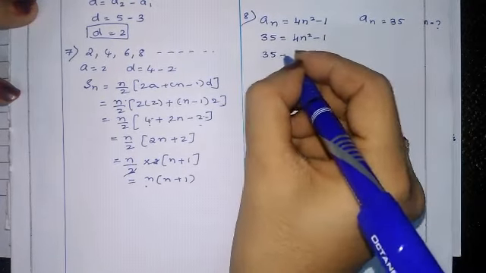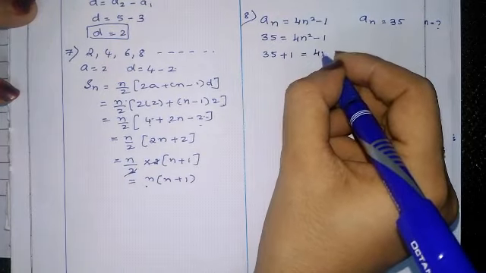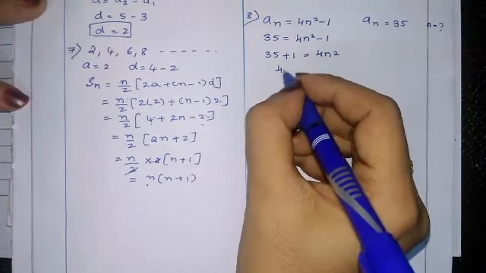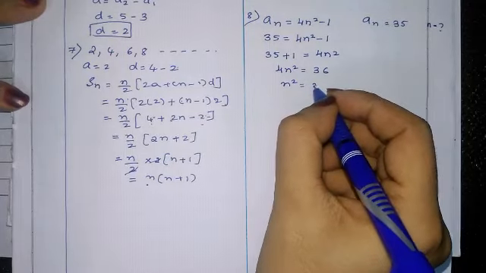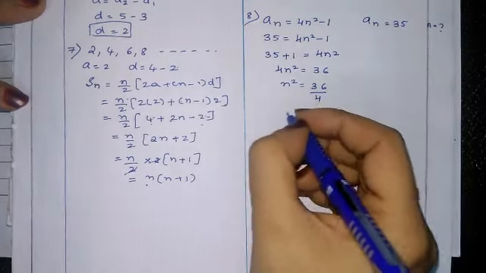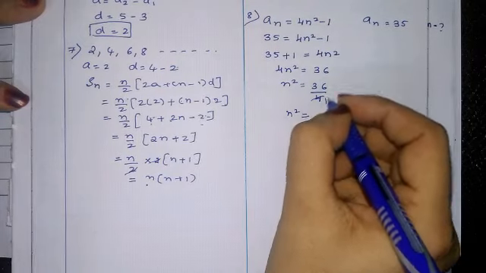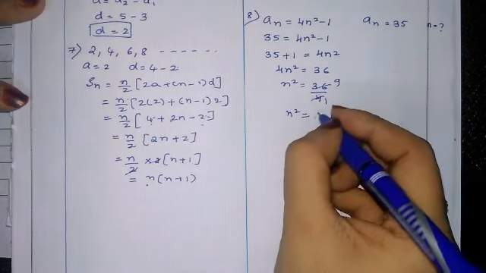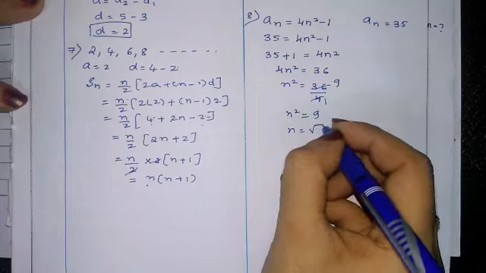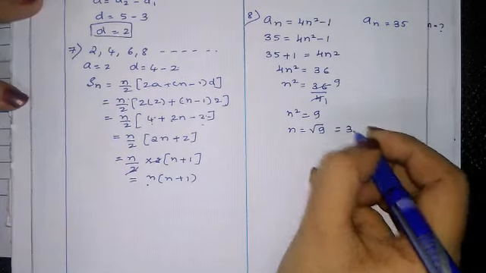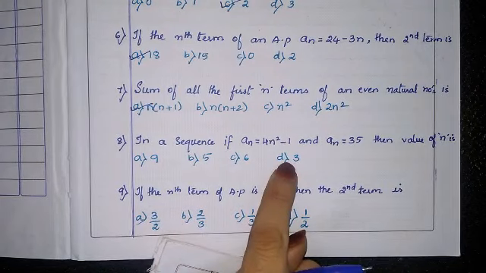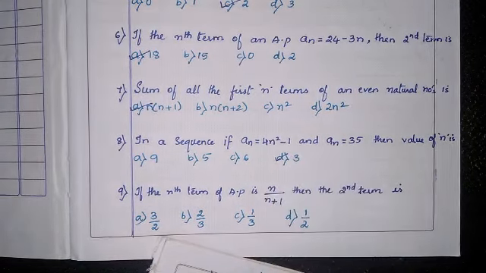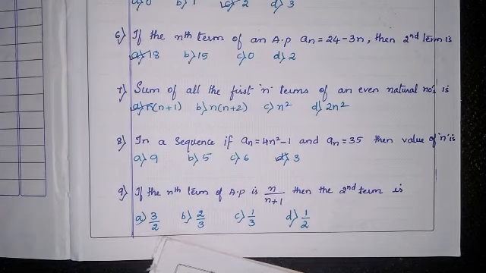Bringing the 1 over, 35 plus 1 is equal to 4n square. So 4n square is equal to 36. n square is equal to 36 by 4. 4 nines are 36, so n square is 9. n is equal to root 9, which is 3. Option D is the correct option.